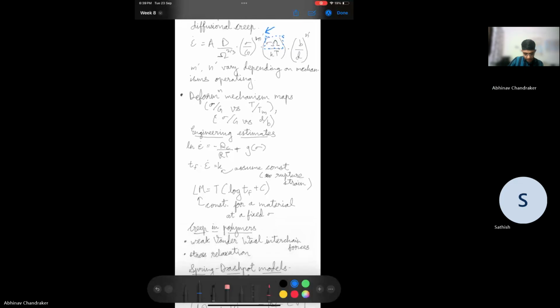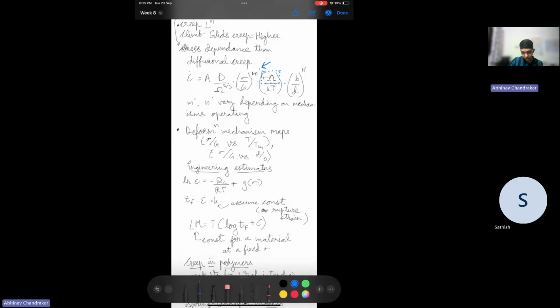And we know that for Nabarro-Herring creep and Coble creep, the n value for Coble, which is grain boundary diffusion based creep, is about 3. In Nabarro-Herring, you have the grain interior also contributing to diffusion. So the n value is 2.